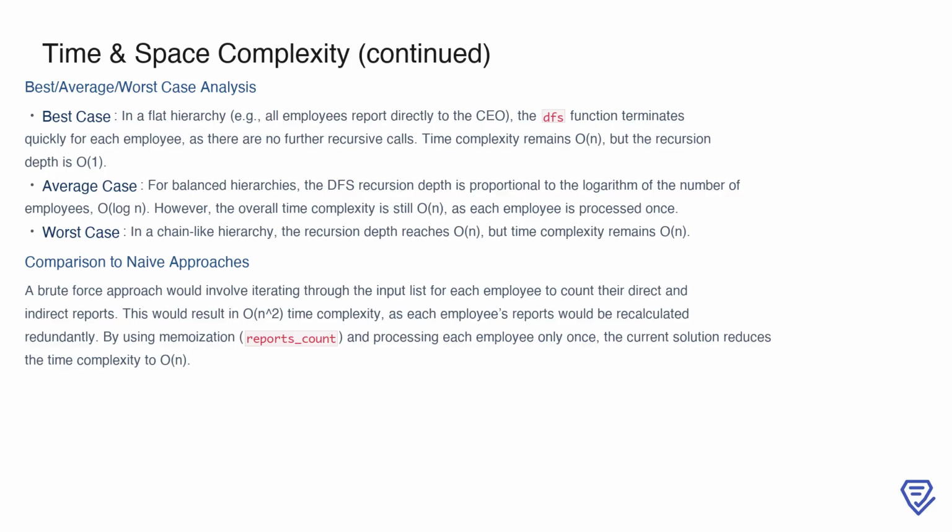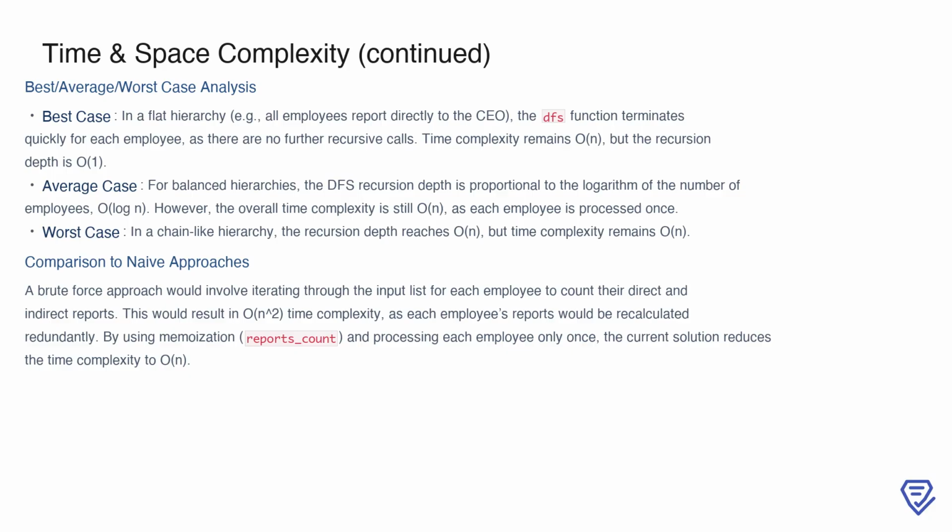In a balanced hierarchy, the recursion depth becomes proportional to the logarithm of the number of employees, or O(log n). However, the time complexity is still O(n), because each employee is processed exactly once. In the worst case, where the hierarchy forms a chain-like structure, the recursion depth reaches O(n). Even in this scenario, the time complexity remains O(n).